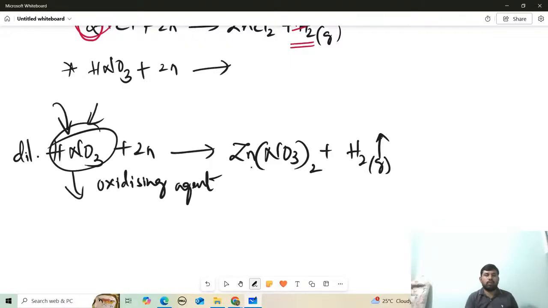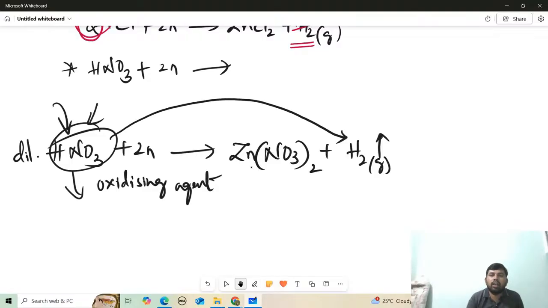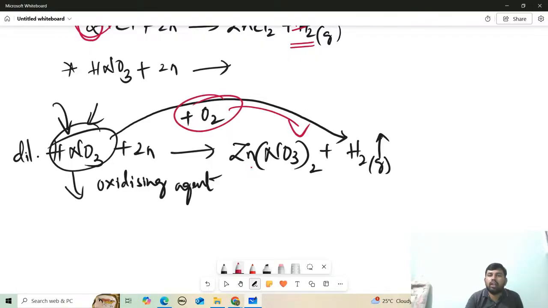Here we are going to trap you. Oxidizing means what? First this reaction will take place, and immediately this HNO3 will add oxygen. This addition of oxygen will take place, and instead of H2, H2 plus O2 gives rise to H2O.